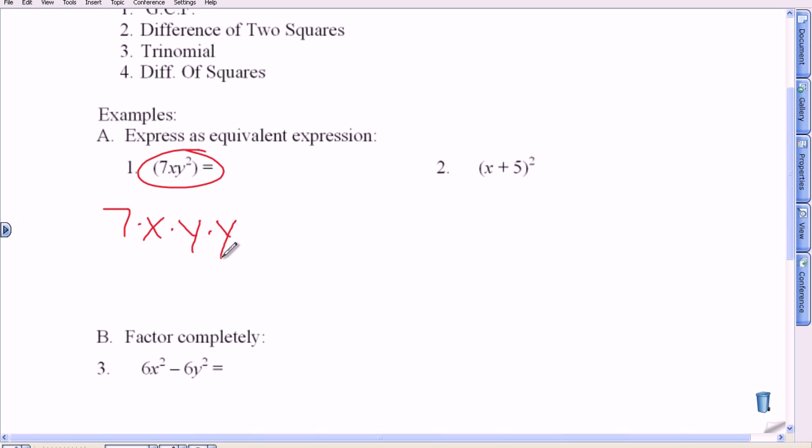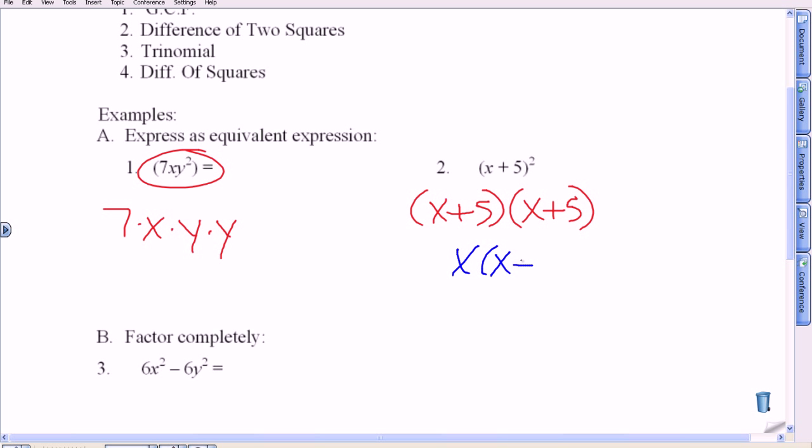Number 2 is quite a bit different because we can actually square x plus 5. And the way we do that is by rewriting x plus 5 squared as x plus 5 times x plus 5. Remember that squaring something means multiplying by itself. So I am going to use double distributive property here. You can FOIL, you can use box method, whatever you prefer.